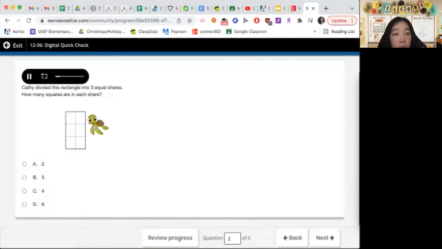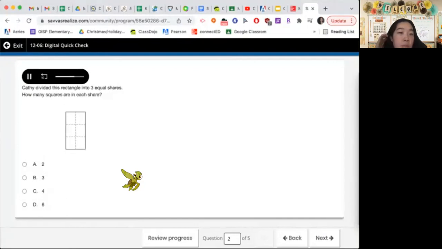Kathy divided this rectangle into 3 equal shares. How many squares are in each share? So she's going to cut this into thirds. Luckily, they already have these lines for us. Here's one share, here's another share. So this is thirds.